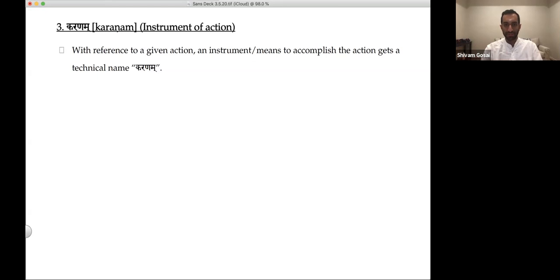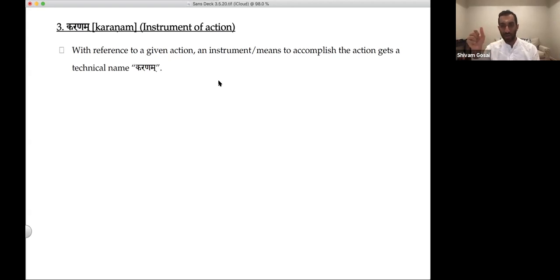It'll be quick. Karanam, translated in English, is called an instrument of action. With reference to any action, an instrument or means to accomplish something gets a technical name, karanam. So it's one of the six karakas, right?